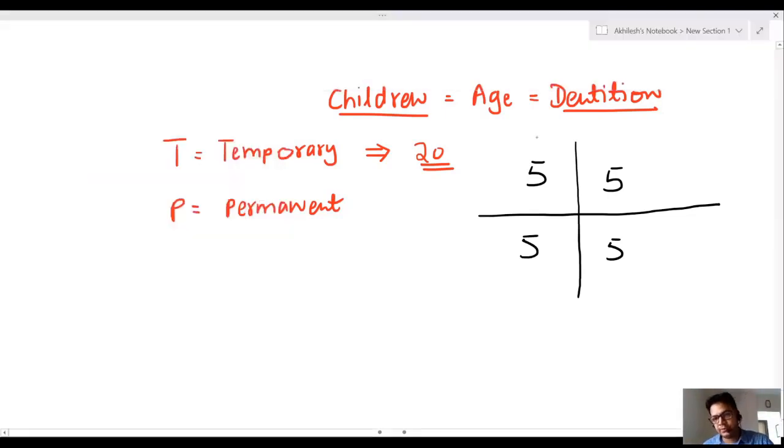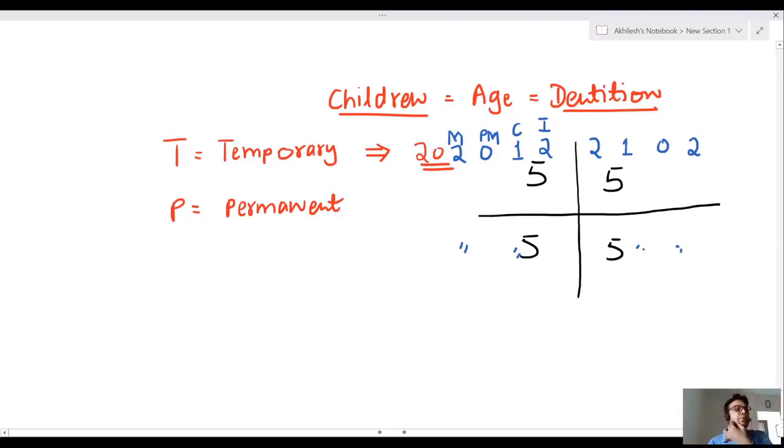So here 2 will be in center: 2, 1, 0, 2. 2 are incisor, 1 is canine, premolar 0, molar 2. Same will be here. So total number we have 20.